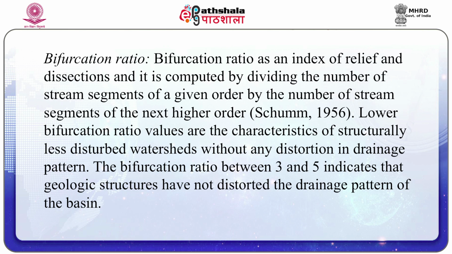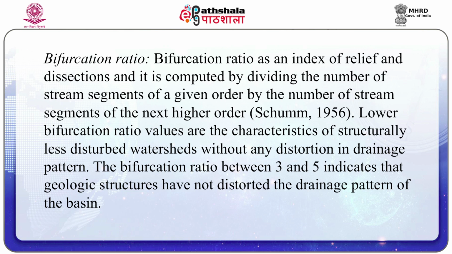The bifurcation ratio is the index of relief and dissection, and it is computed by dividing the number of stream segments of a given order by the number of stream segments of the next higher order. Lower bifurcation ratios are characteristic of a structurally less disturbed watershed without any distortion.